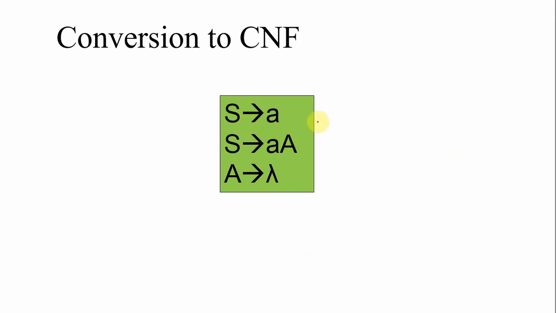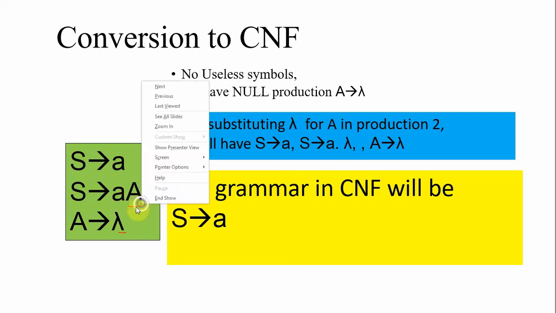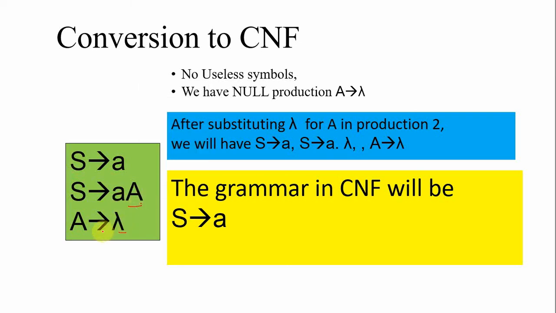And one more example: S gives A, S gives AA, S gives lambda. Now this is not in CNF, we need to go for the simplification. No useless symbols as usual, but we have a null production, A gives lambda. If we substitute lambda for this A, we'll have S gives A alone. We don't have any other production for A, so this production will go out of the grammar altogether.